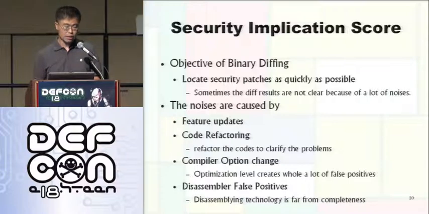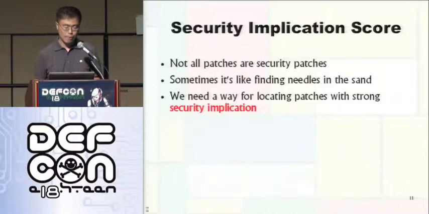Also, disassembling itself is not a deterministic problem, so there can be a lot of problems in recognizing code parts or data parts, and that makes a lot of false positives.